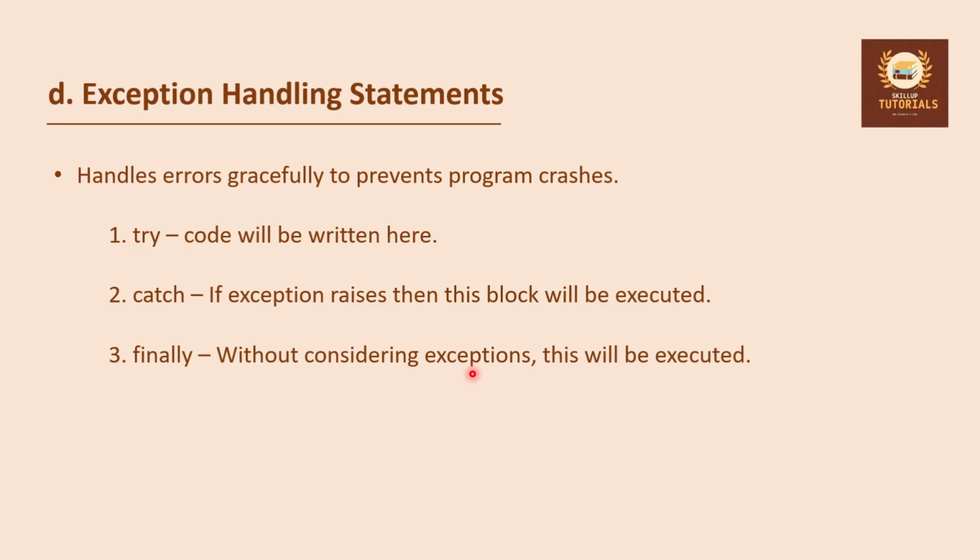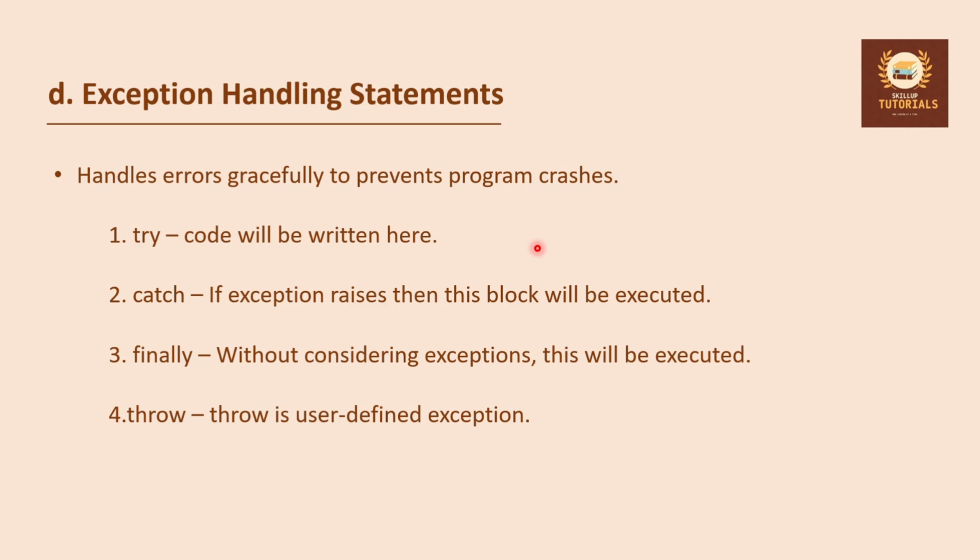And then the last one is throw. Throw is known as a user-defined exception. For example, in some situations we don't have a particular predefined exception, then we need to write a user-defined exception. Then you can go for throw.